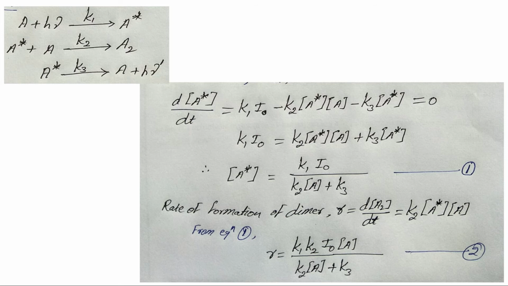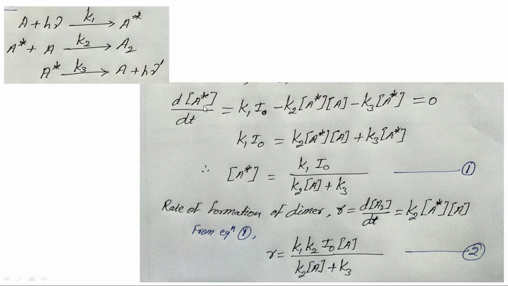d[A*]/dt, that is the rate of formation of the activated anthracene molecule, is equal to K1 I0, because as we can observe in these equations, in the first step the activated anthracene molecule is formed, and in the second and third steps it gets consumed.